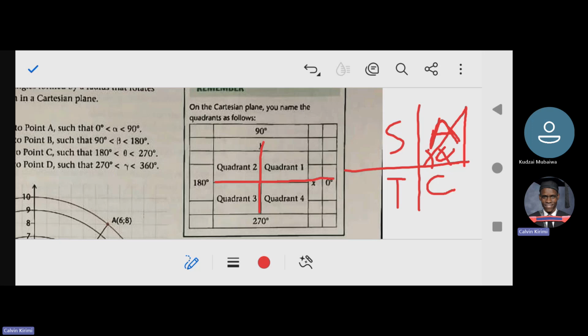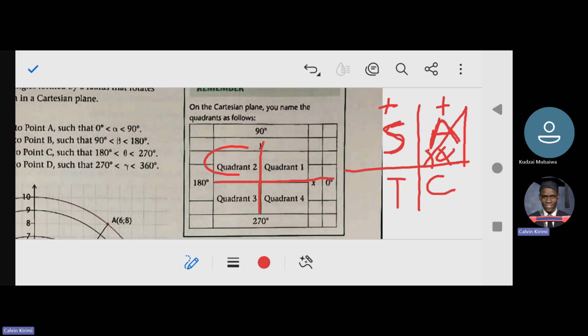All of them are positive. And then in quadrant number 2, only sine, S, that's why there's an S here. Only sine is positive.